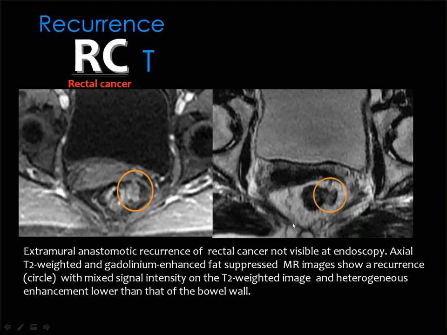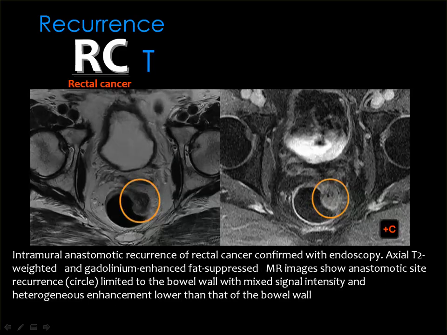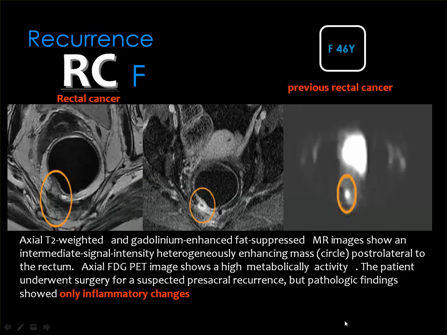And this is the tumor in the T2 weighted image, and this is in the T1 post contrast, and you see enhancement of the lesion. Another example of local recurrence, and you see the low signal intensity of the tumor in T2 and the enhancement after injection of contrast material.